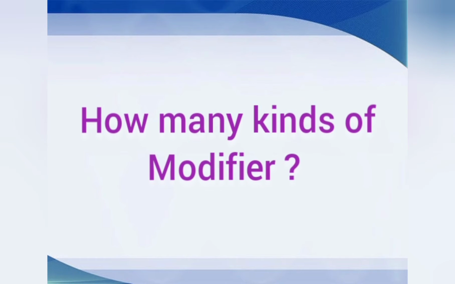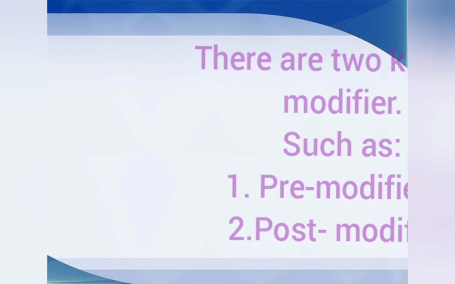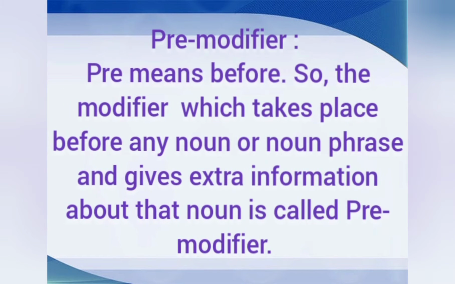How many kinds of modifier? There are two kinds of modifier, such as pre-modifier and post-modifier. What is a pre-modifier? Pre means before.